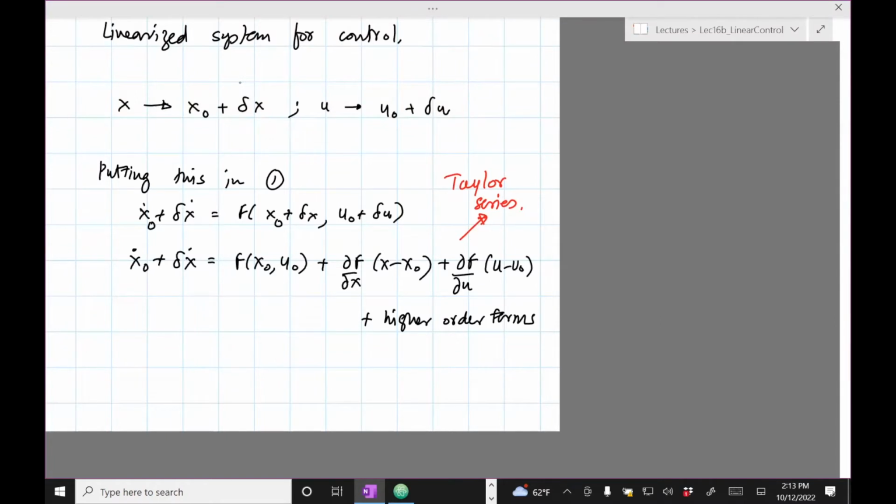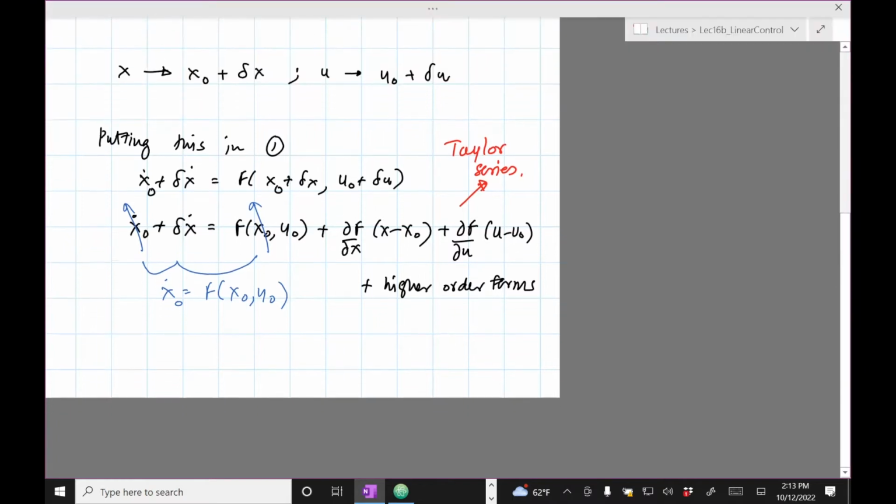Okay, but we know that at equilibrium, x0 dot is f of x0, u0, and that is, the state is accounted for in the differential equation. So we can cancel the terms from the left-hand side with the right-hand side, and we are left with this equation: delta x dot equals df/dx times, okay, x minus x0 is delta x, plus df/du times delta u.